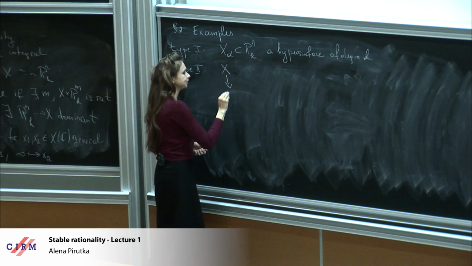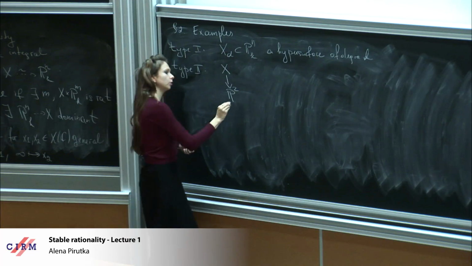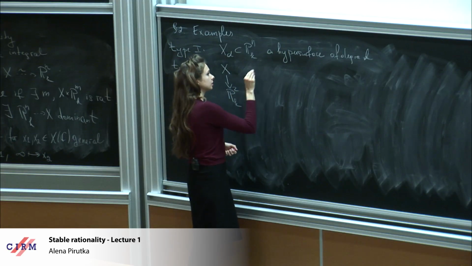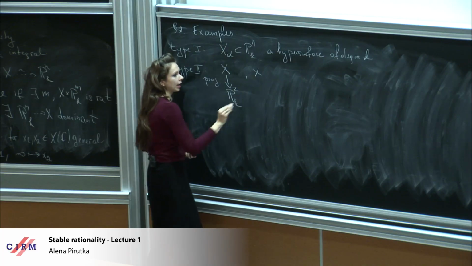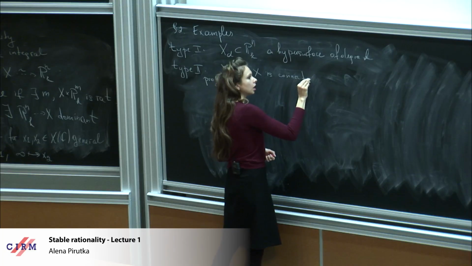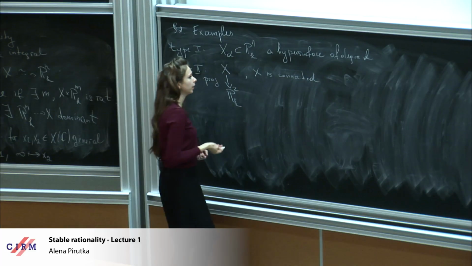This means I will have a map from X to P2, say over field K, such that the map is projective, X is connected, also not necessarily smooth, even though that is going to be the case very often.